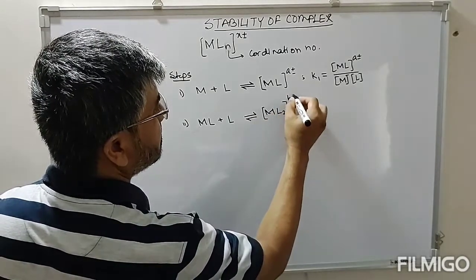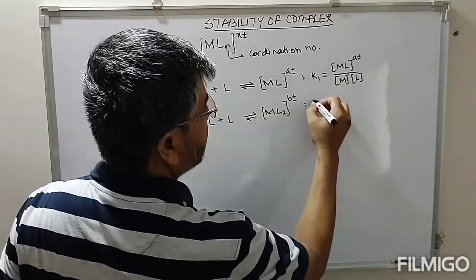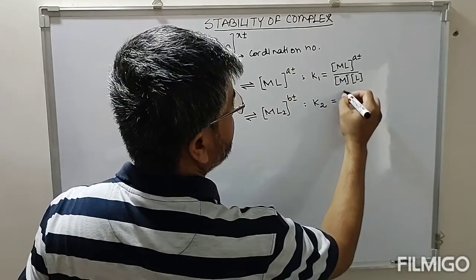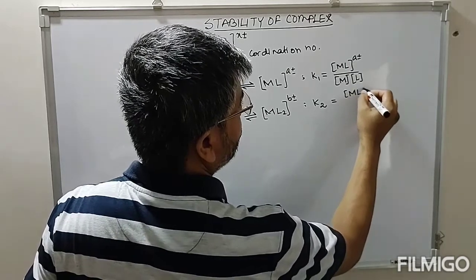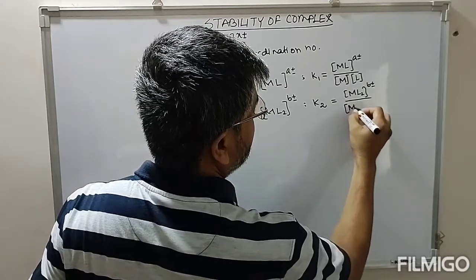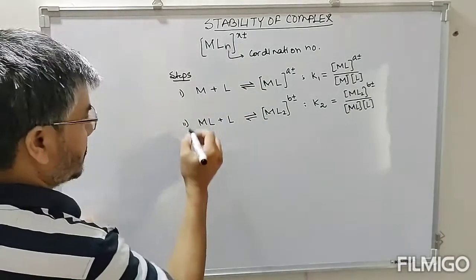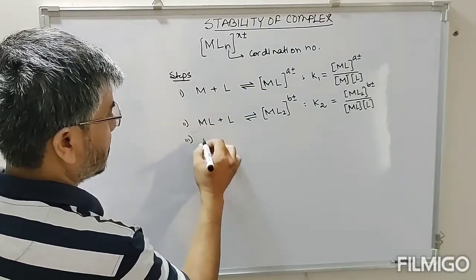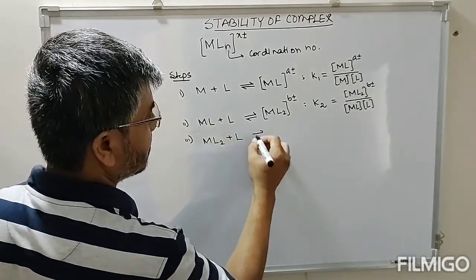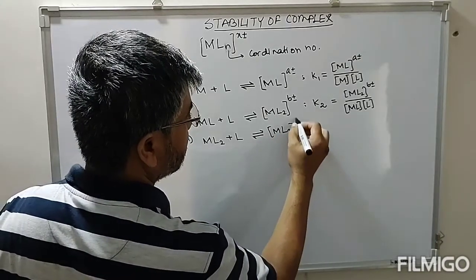Second step, let the charges be B. Let this second step be expressed by K2. So K2 is the concentration of ML2 divided by ML into L. Similarly, in the next step ML2 combines with L, then we have ML3.